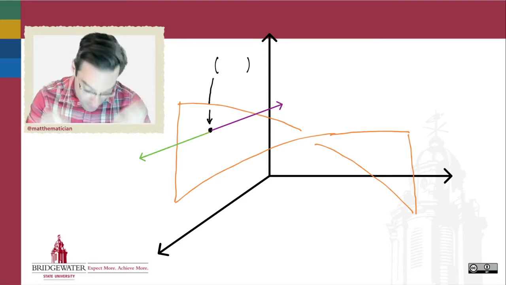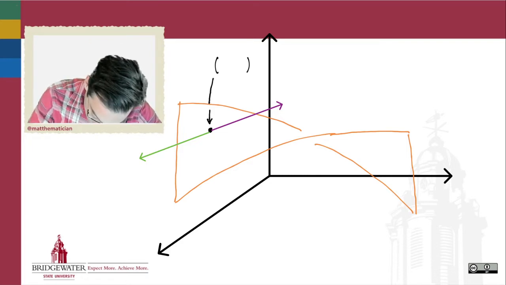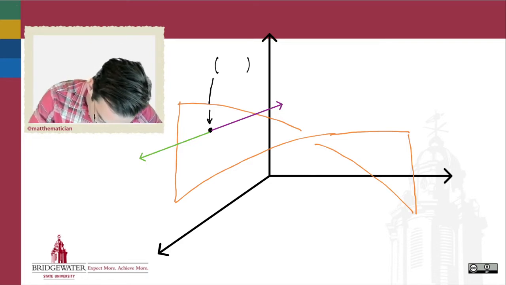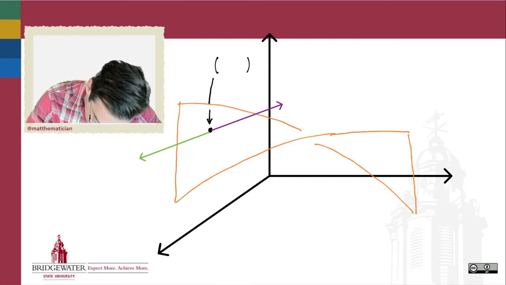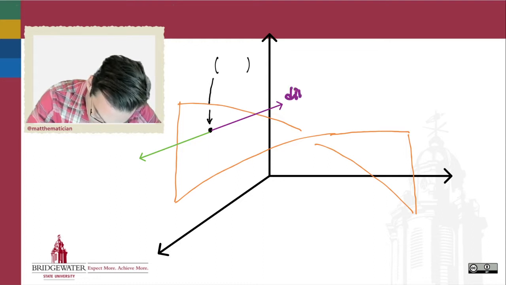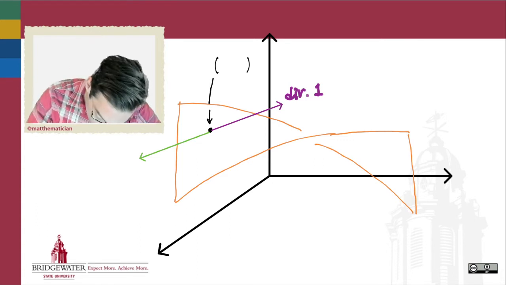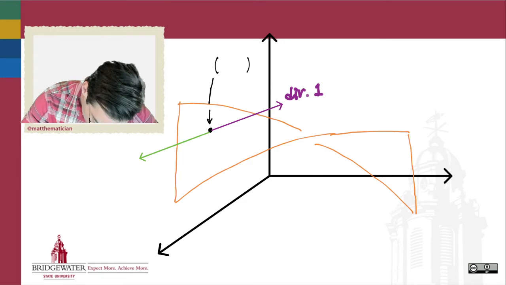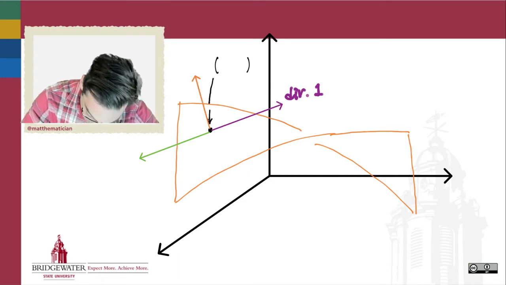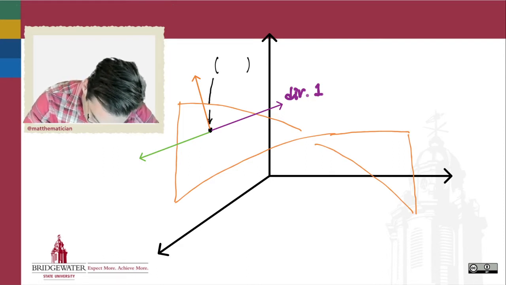Who knows which direction it faces, but this gives me 1 vector direction that we could go. Let me call this direction 1. So I can go in that direction, or independently, I could choose to go in a different direction that is independent of the other one. And for our purposes here, independent is once again going to mean not a multiple of, not parallel to.